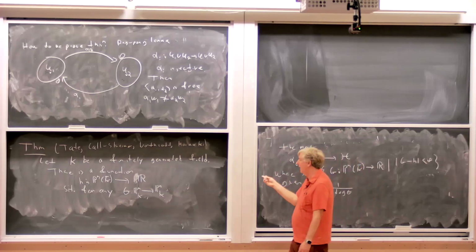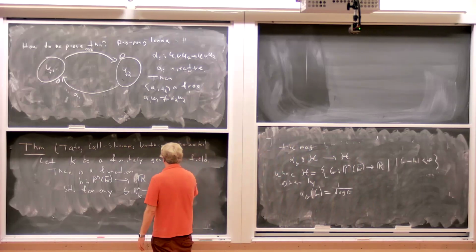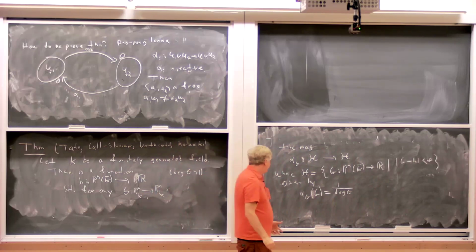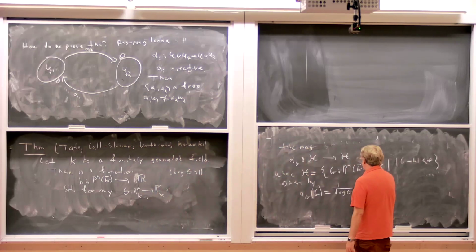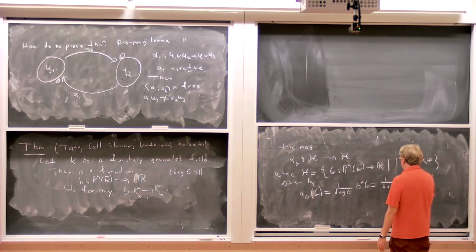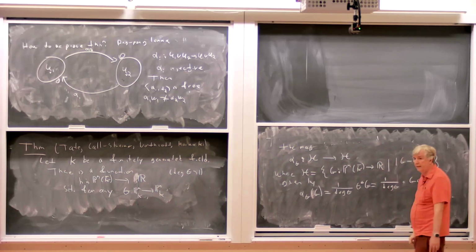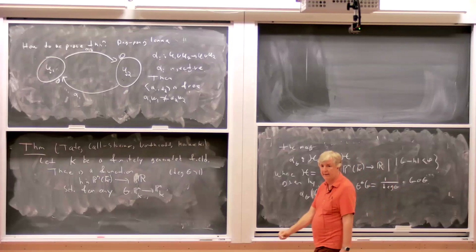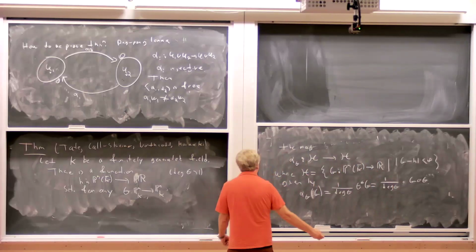By the way, I always mean for the degree to be greater than 1, or none of this works at all. I take 1 over degree theta, times theta upper star G, in other words, 1 over degree theta times G after theta. So I just pull it back, and I divide out.